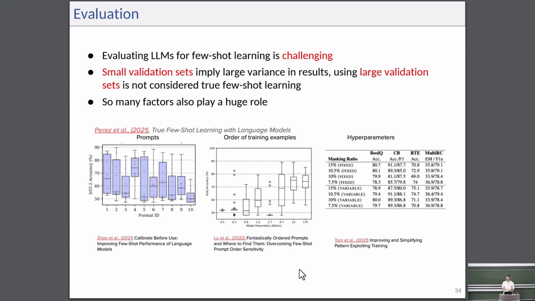The problem is that when you have so few examples, your variance goes up by a lot, because if I'm choosing 3 demonstrations versus 3 other demonstrations, I probably have so many demonstrations available that the number of possible sets of 3 is huge, meaning that the variance you're going to experience is pretty large.